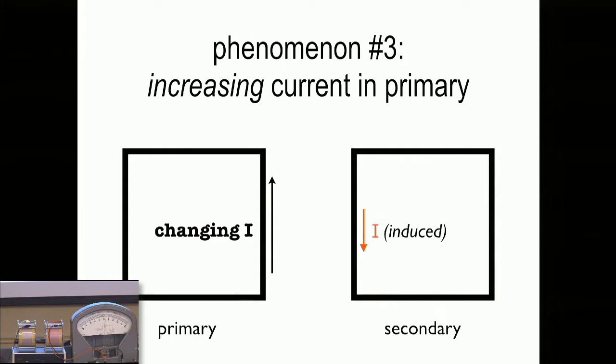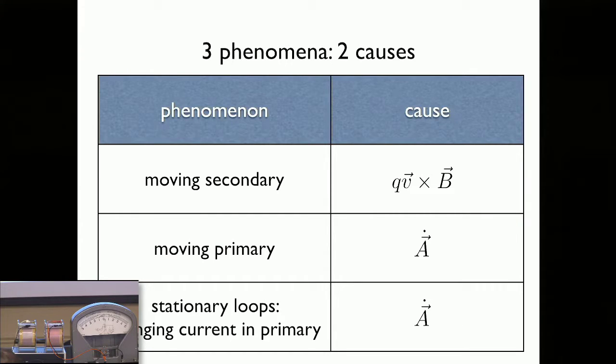And that's what happens here. There are actually two different causes going on. Same effect, I get induced current, but two different causes. In the first case, I have a V cross B because I'm moving the secondary in the presence of a magnetic field. But in the other two cases, I'm not moving the secondary, and yet I can induce current in it.